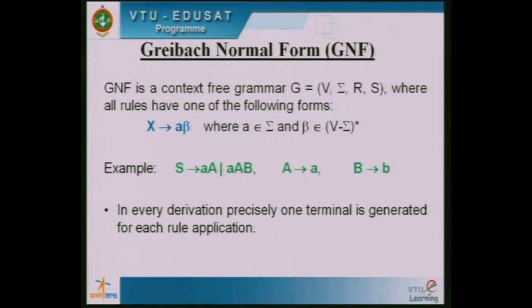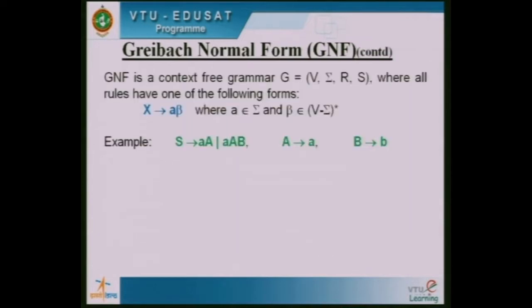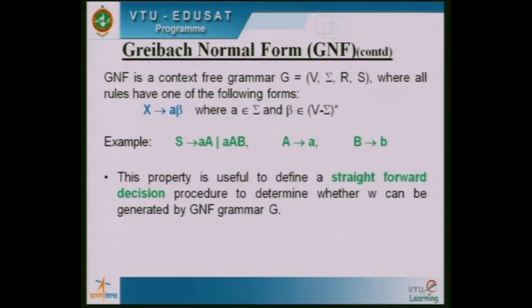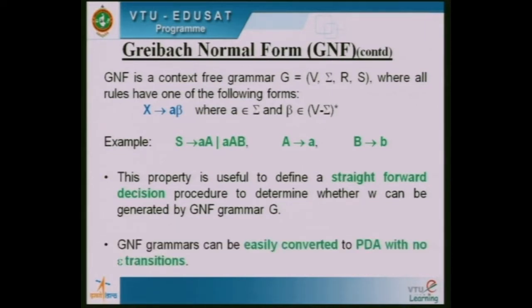In every derivation, precisely one terminal is generated for each rule application. This property is useful to define a straightforward decision procedure to determine whether the string w can be generated by the Greibach normal form grammar G. And Greibach normal form grammars can be easily converted to a PDA with no epsilon transitions.